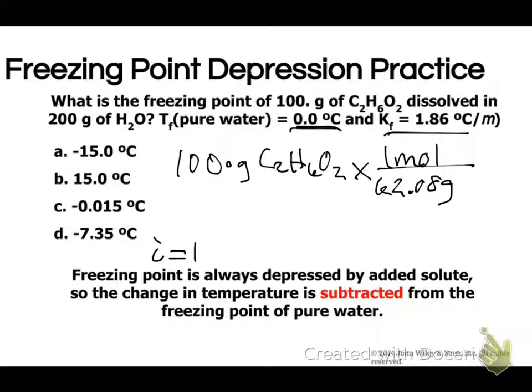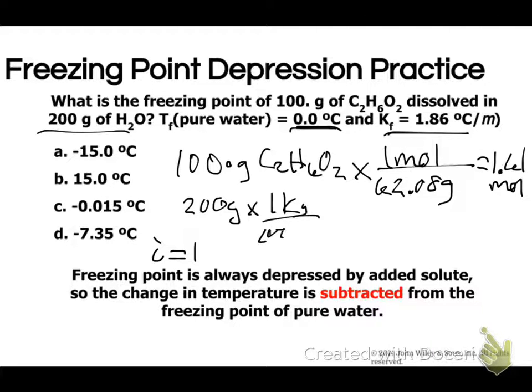So if we're starting with 100 grams, that's going to be equal to 1.61 moles. Okay, and it says we're dissolving it into 200 grams of water. So 200 grams, and I'm going to convert it to kilograms. Okay, so our molality here is going to be 1.61 moles divided by 0.2 kilos. So 8.05.